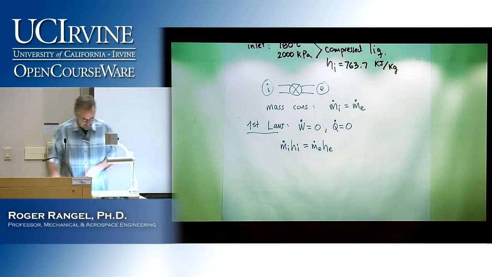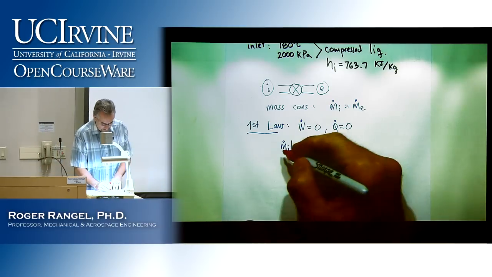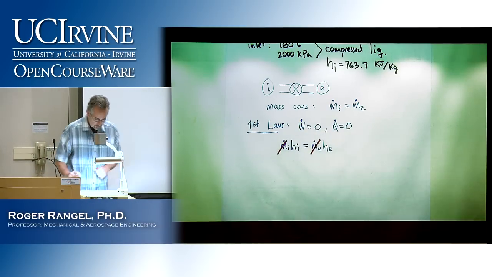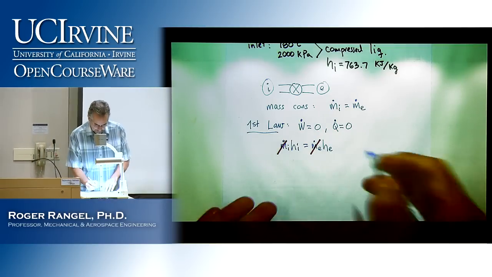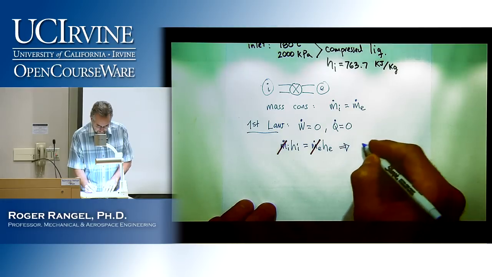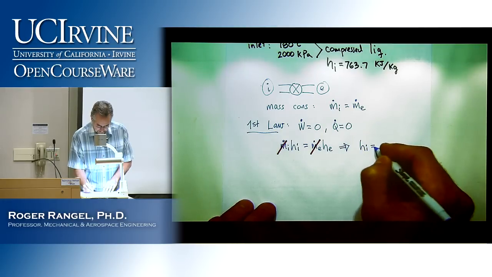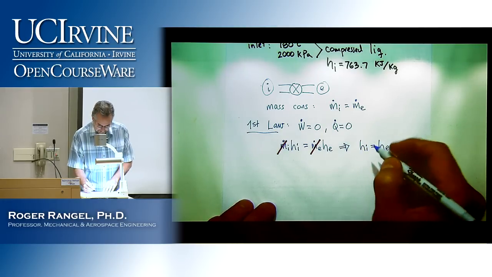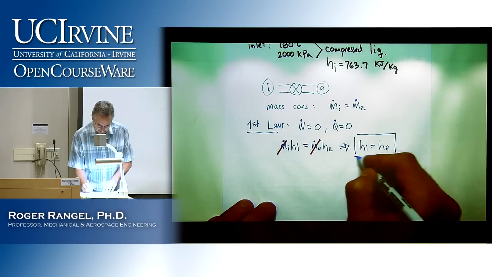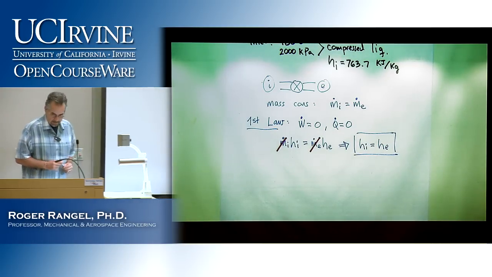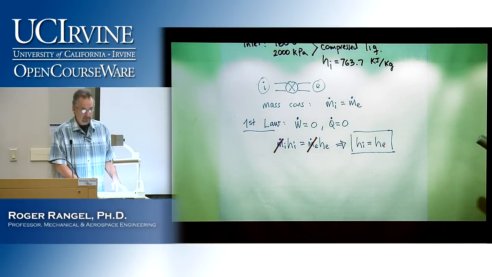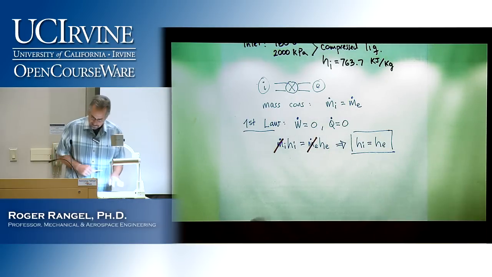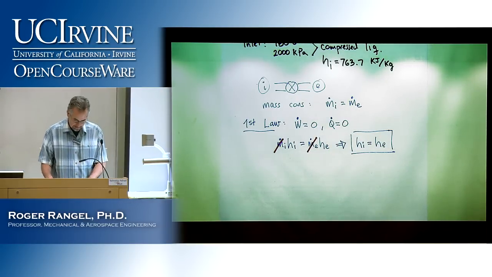And since m dot in is equal to m dot exit, then the equation is simply that the enthalpy at the inlet and the exit are the same. This is a typical result for something like a valve or a throttling device. So the enthalpies are the same at the inlet and the outlet.